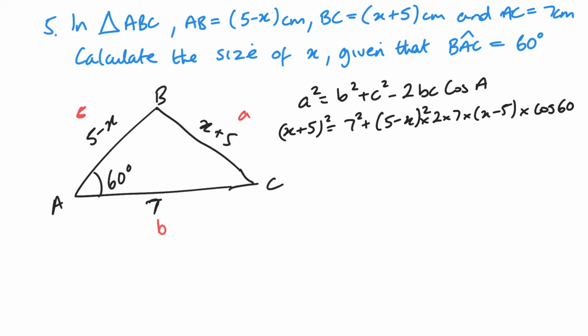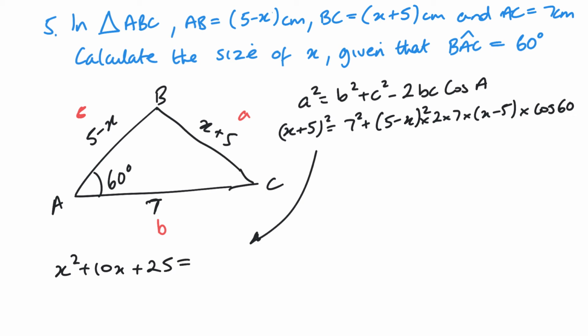Okay, now what I need to do is start sorting this out. So I'm just going to come down here where I've got a bit more room. So x plus 5 squared, so square the first, square the last, double the product. So that gives me x squared plus 10x plus 25.